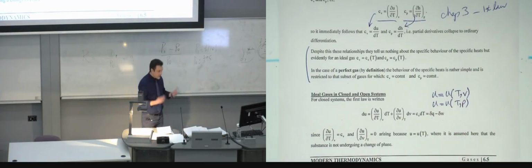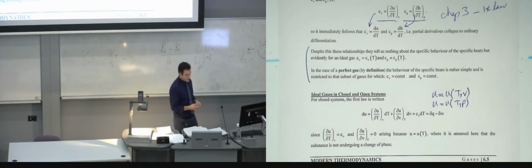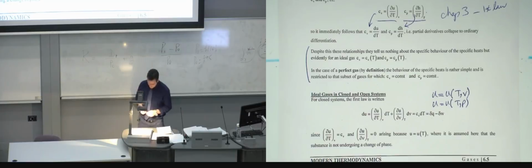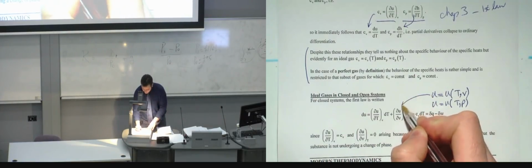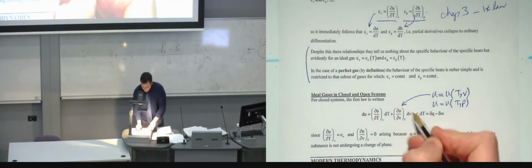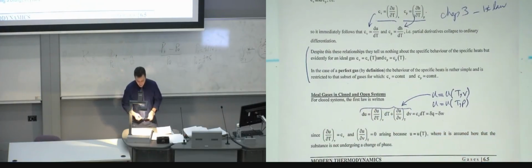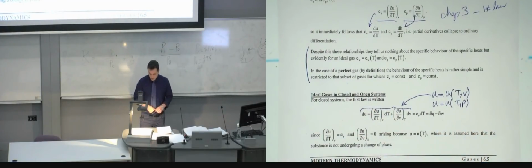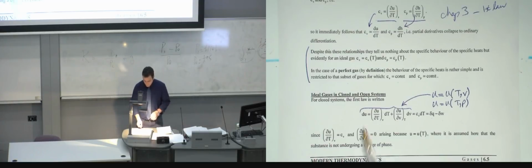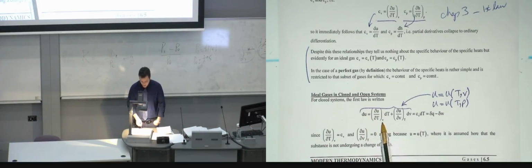Right? I could define U as a property based on the 2-property rule, as one of these 2 combinations. If I go with the first assumption, this is how I could write the first law in terms of dU. So it's going to be du/dT at constant volume dT, plus du/dv at constant temperature dv, and the right hand side would be delta q minus delta w.